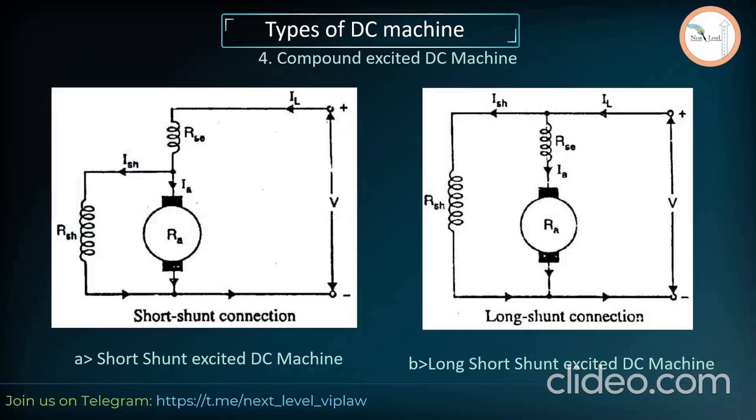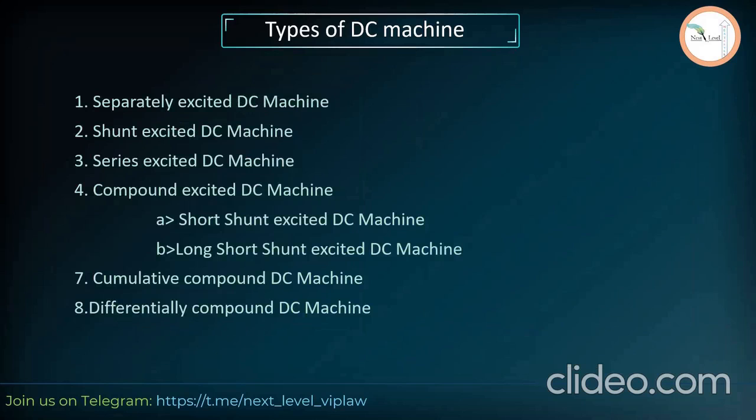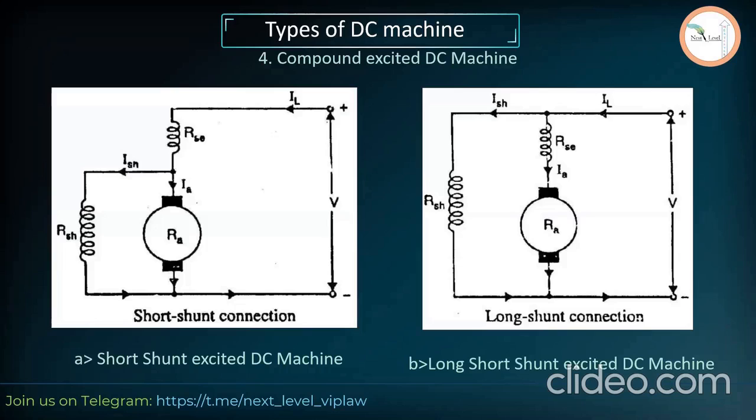If the two fields are additive in nature, I mean both are in the same direction, then it is called cumulative compound. But suppose a case where the shunt field is producing some positive field and the series field is negating it, then it is called differentially excited.